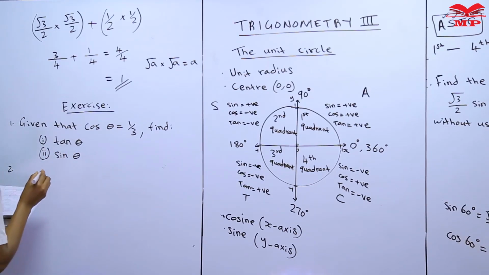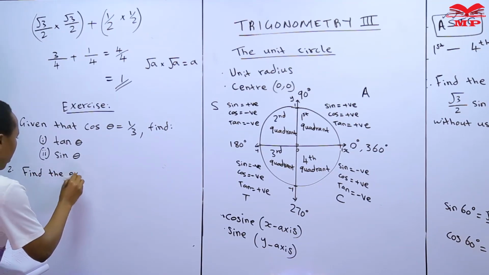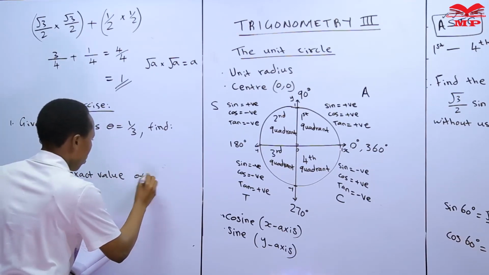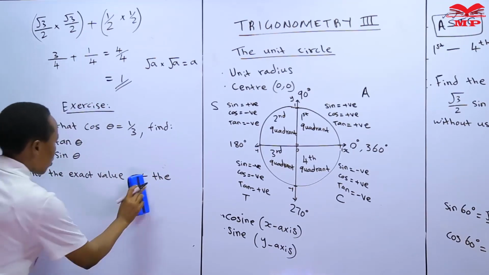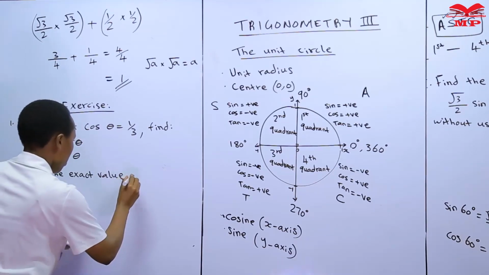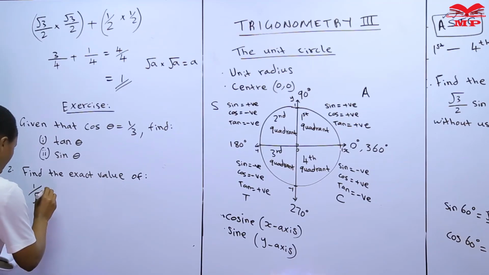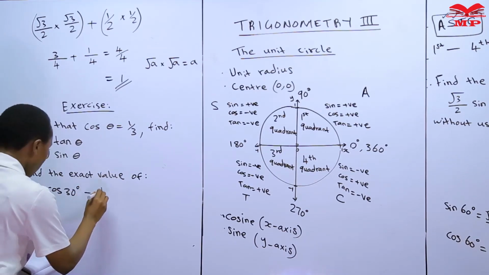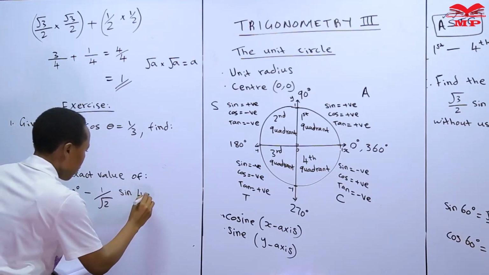Then number 2, find the exact value of the following: 1 over root 3 cos 30 degrees minus 1 over root 2 sine 45 degrees.